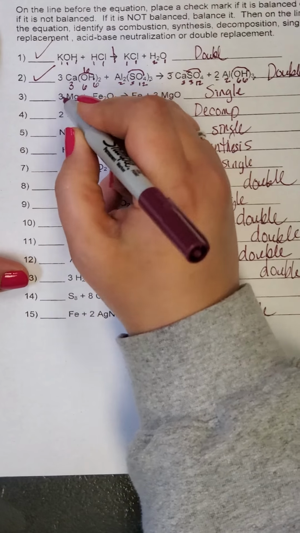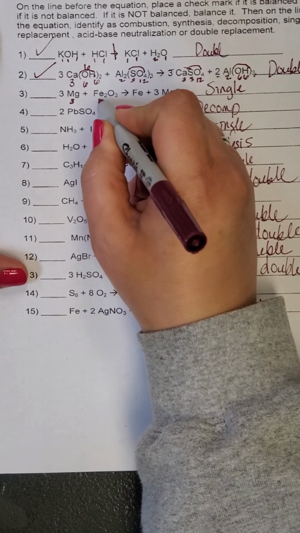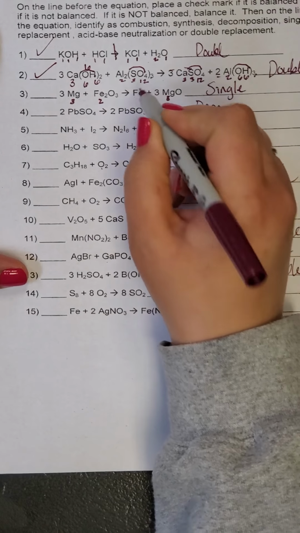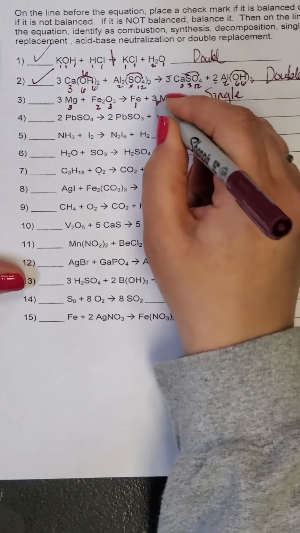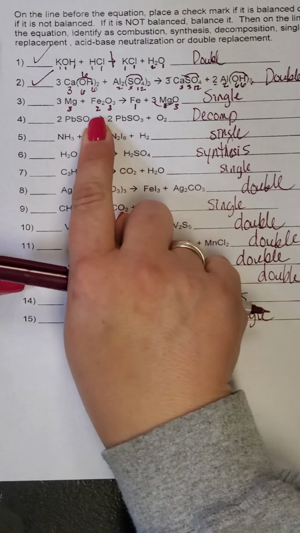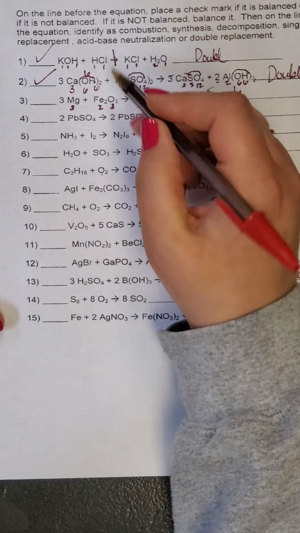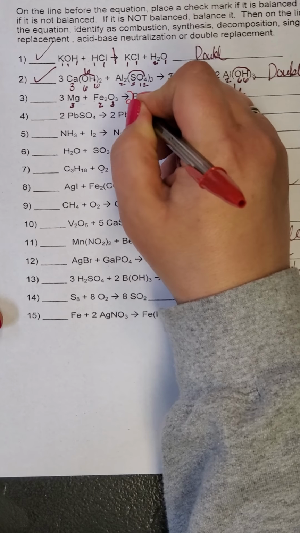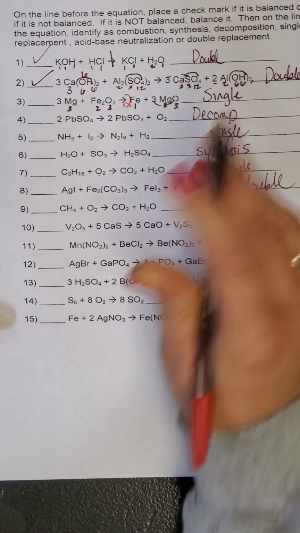Moving on. 3 magnesiums, 2 irons, 1 iron. Got a problem there. 3 oxygens, 3 oxygens. Okay, my irons are off. So now I have to go back and fix this. I have 2 irons here, so I have to put a 2 here to give me 2 irons, and that's it.